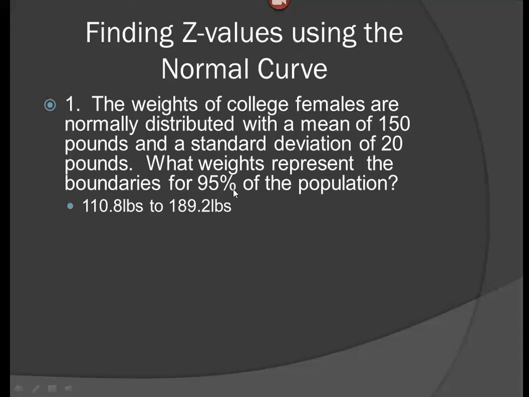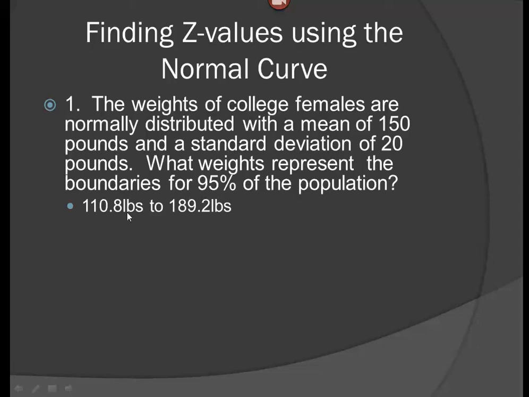The trick to this problem is to remember we're looking for a middle 95%. That would leave 2.5% on the left-hand tail and 2.5% on the right-hand tail. 2.5%, of course, is half of 5%. There's two boundaries, and so we need to divide up this remaining 5% by 2. So my left-hand side has 2.5% of the tail, right-hand side has 2.5% of the tail.